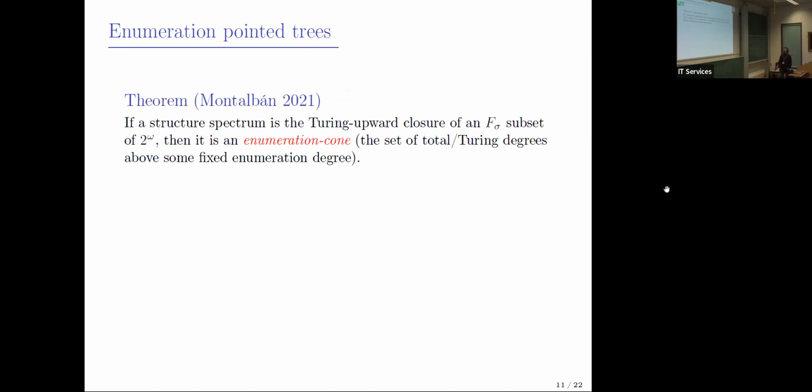Okay. So why was Antonio interested in these things? His motivation came out of computable structure theory. He was looking at the spectrum of a countable structure, just proving some basic results mostly, because this is in his first book on computable structure theory.